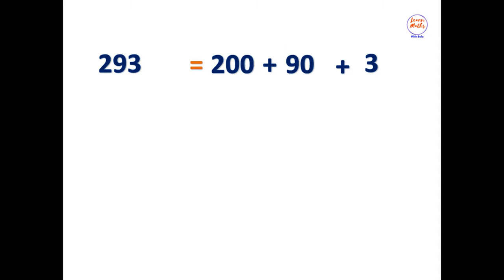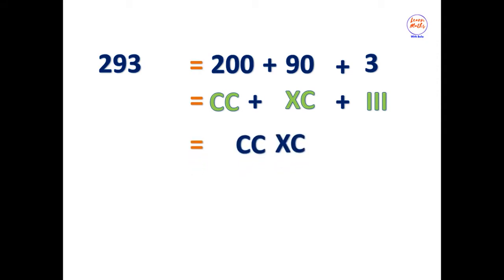So 200 is CC, 90 is XC, and 3 is III. We have CCXCIII. So you can see it is very simple. I always say it every time in a math class that mathematics is all about following the rules. Once you do, you get the answers correctly.